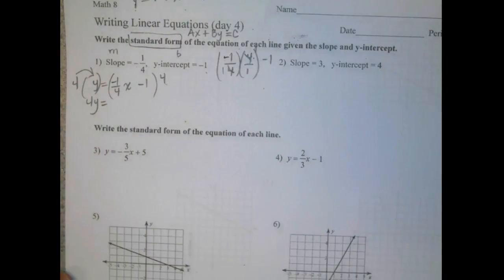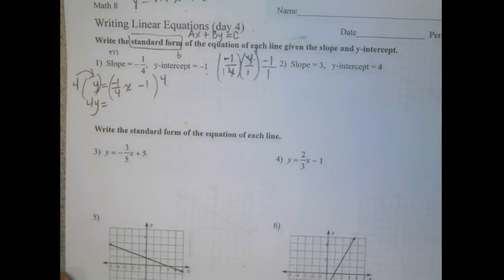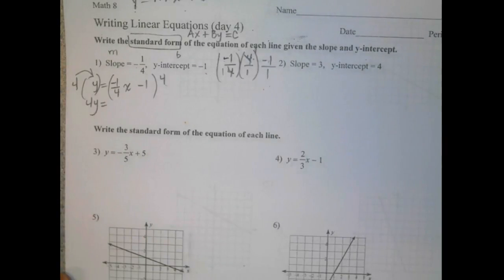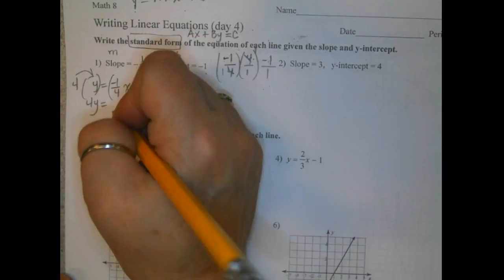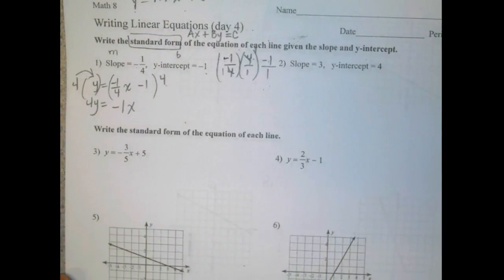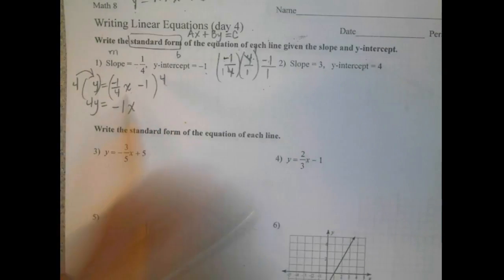Negative 1. 1 times 1 is what? 1. So negative 1 divided by 1 becomes negative 1. I have negative 1x. I eliminated the fraction.